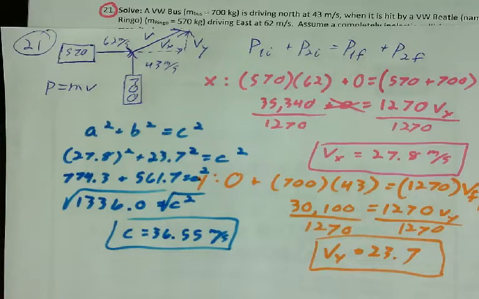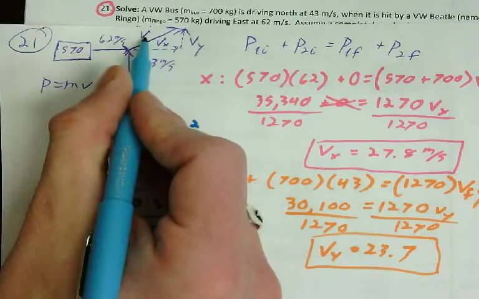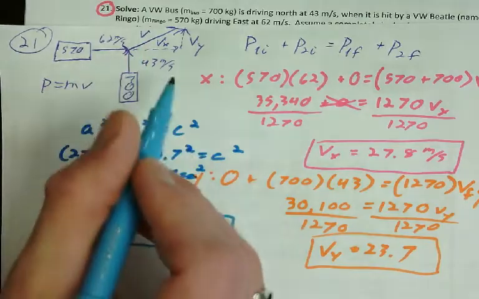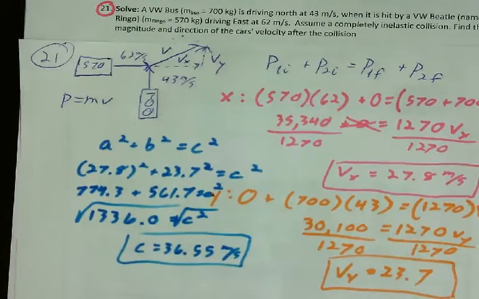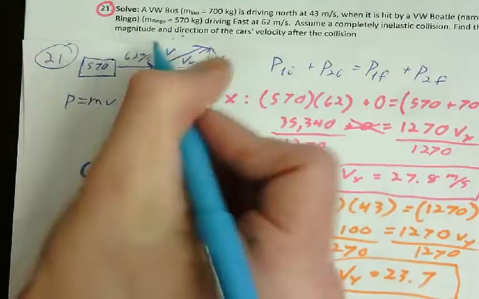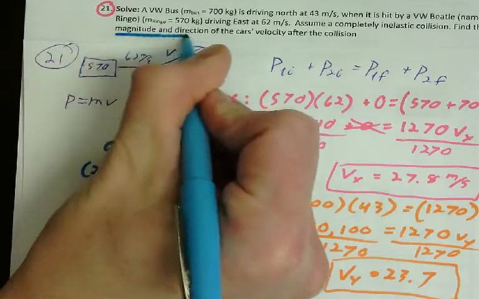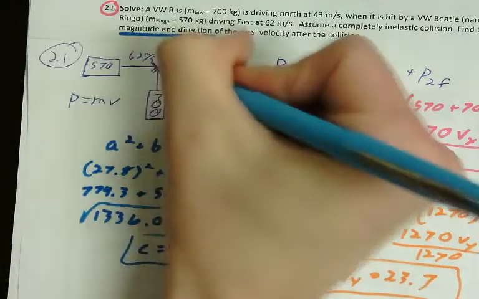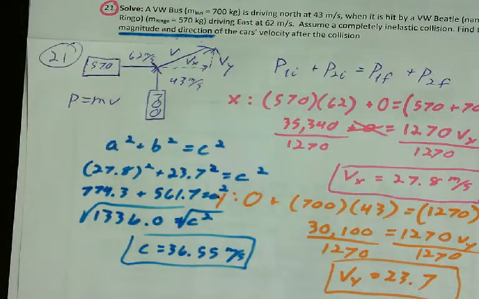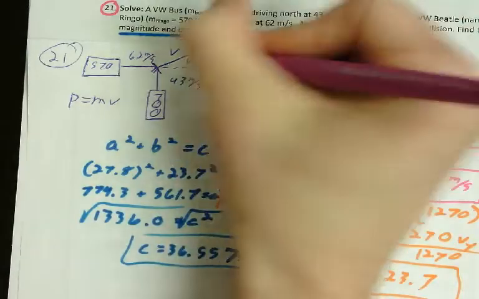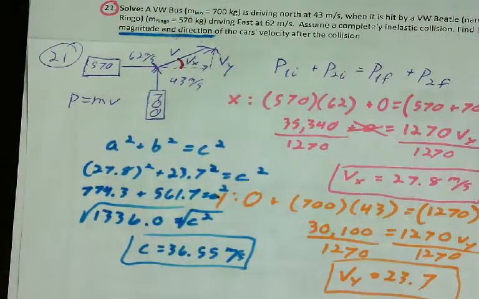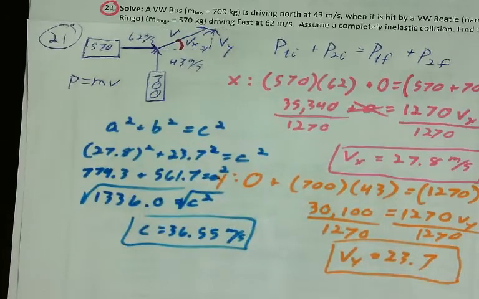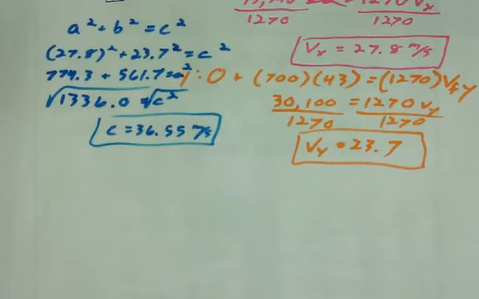Okay, so we figured out the velocity. We're not quite done yet. We're very, very, very close. It says find the magnitude and direction. Magnitude is the number, direction is the angle. So we got to find this angle here. And finding the angle is very straightforward.